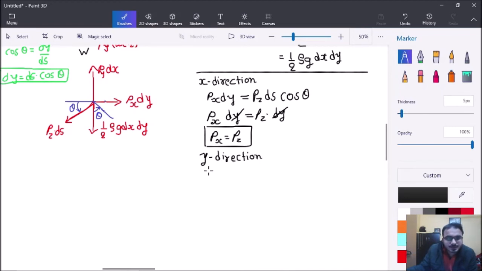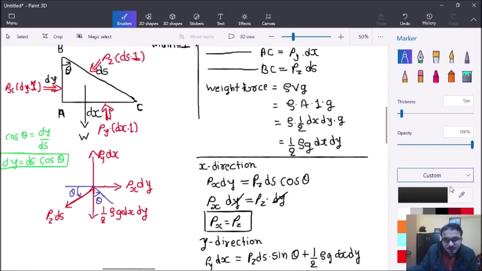So for y direction it will be Py dx is equal to Pz ds into sine theta plus half rho g dx dy.